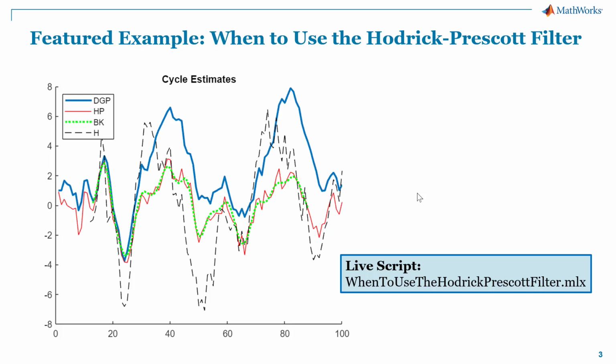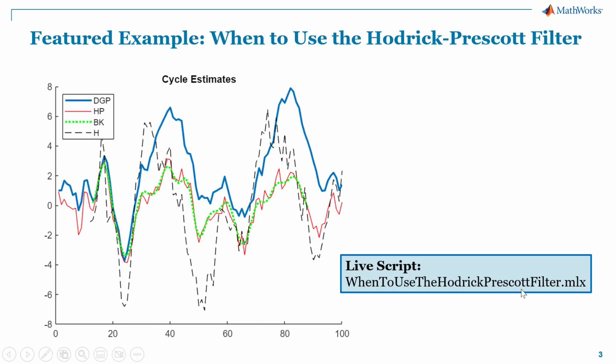To do this, we're going to look at a live script in MATLAB. A live script is just an MLX file. We're going to look at this when to use the Hodrick-Prescott filter.mlx file. MLX files are files that you can open up in the MATLAB editor.